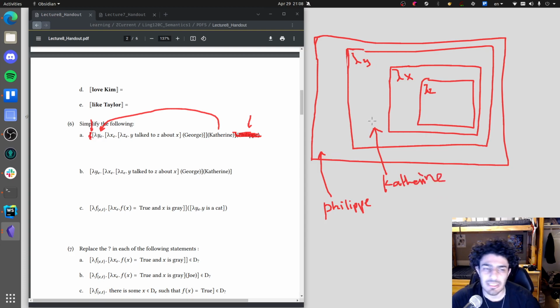So Catherine's in lambda y, and to make things simple, we're going to cross out that function because we have applied it, and we're going to plug in Catherine for where there's a y. So now our statement will look like this.